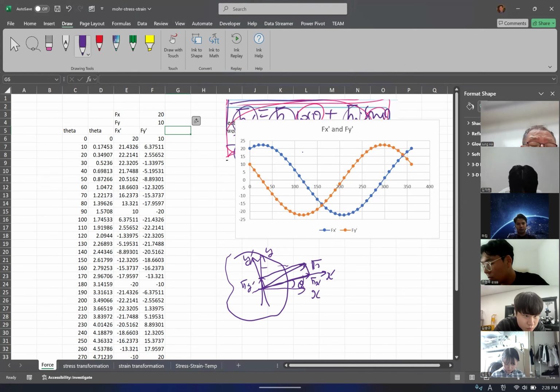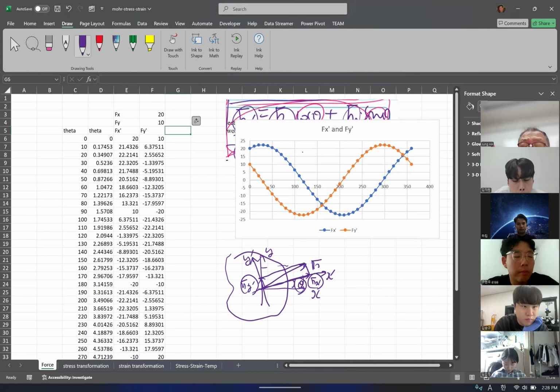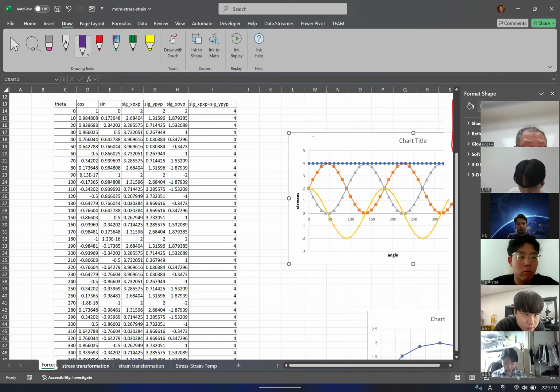So this graph or this formula shows how these two values will vary along with this theta. That's the concept of the force transformation. The purpose of me explaining this is to help you understand the stress transformation.